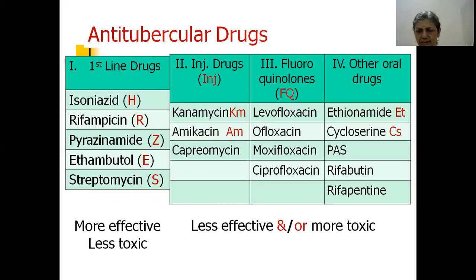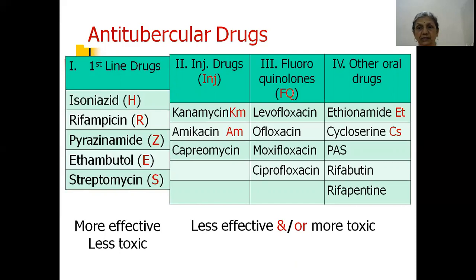So we can use this attribute of these second line drugs. They're less effective, an injectable drug has to come into picture, they're more toxic, and therefore the patient is advised to religiously adhere to the first line drugs which are advocated when he's newly diagnosed and the treatment is started.